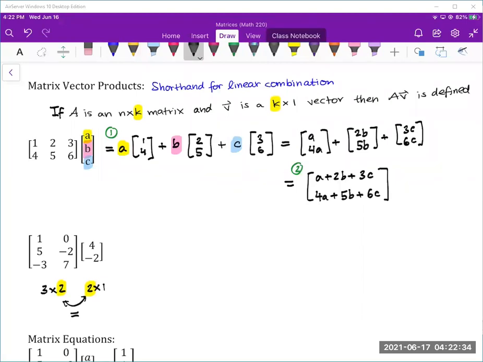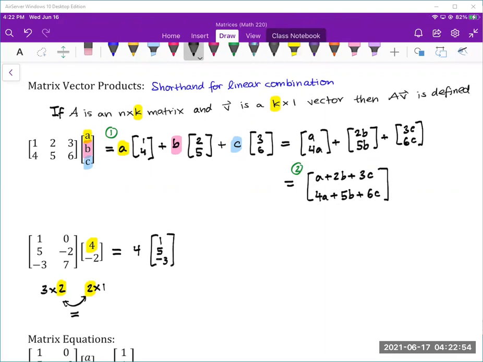So let's write down what this linear combination is going to be. The entries of your vector become weights for the columns of the matrix. Okay.